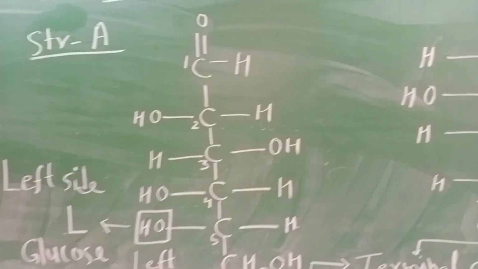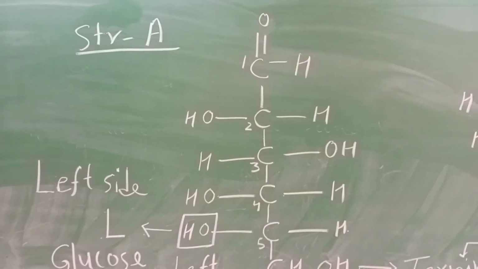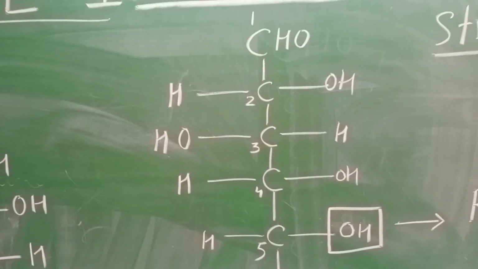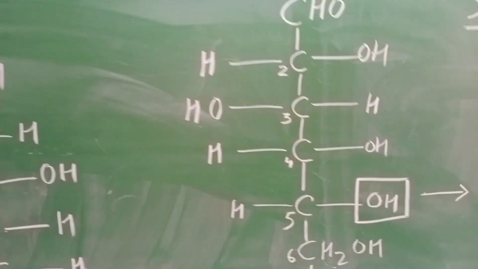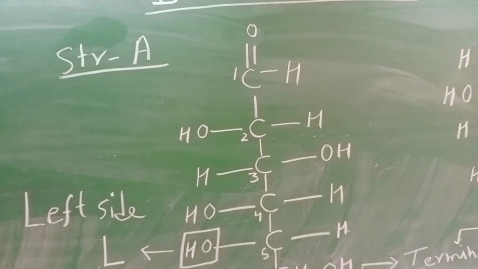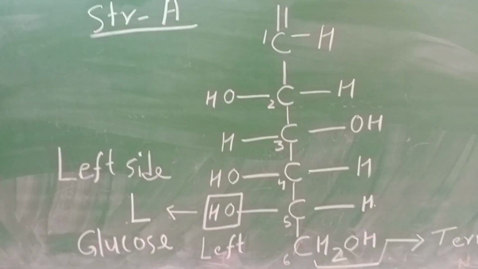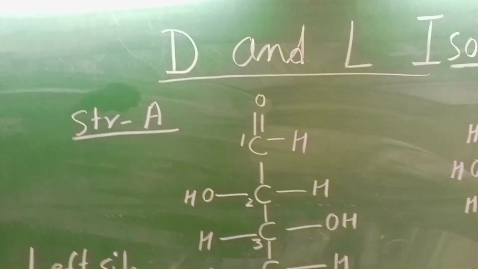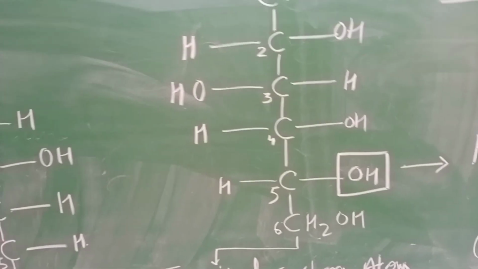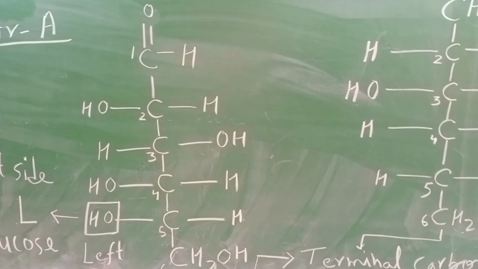Both molecules contain a number of hydroxy groups, in structure A and the same in structure B. So how can we discriminate a glucose molecule as being present in a D form, that is the capital D, or when a glucose molecule is said to be present in an L form, that is the capital L? So here D and L forms ultimately represent the orientation of hydroxy group.